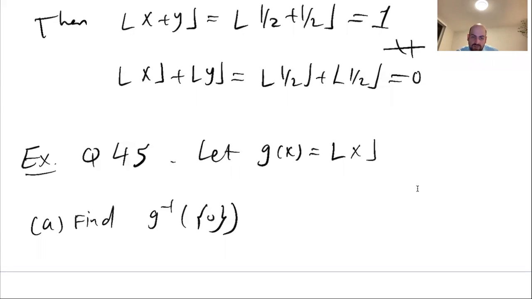If you remember last time we discussed this, do we talk about f inverse of a number or f inverse of a set? If it's f inverse of a number, first of all, your function has to be invertible, meaning that it has to be 1-to-1. But in this case, the floor function is not 1-to-1, right?